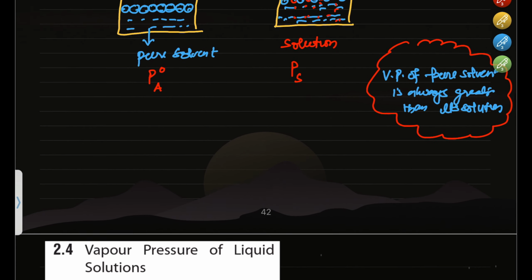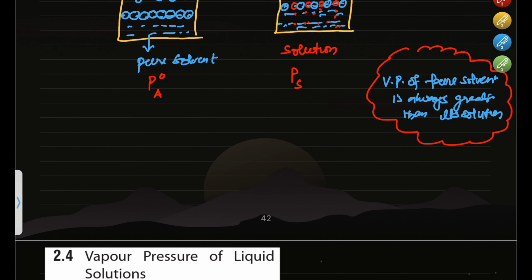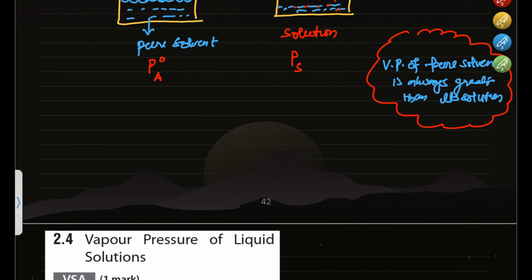Okay, if we calculate the difference between the vapor pressure of the solvent and the solution, we get the lowering in vapor pressure. For the difference, higher minus lower: the higher vapor pressure is the pure solvent vapor pressure, P naught A, minus the vapor pressure of the solution. This difference is called lowering in vapor pressure.